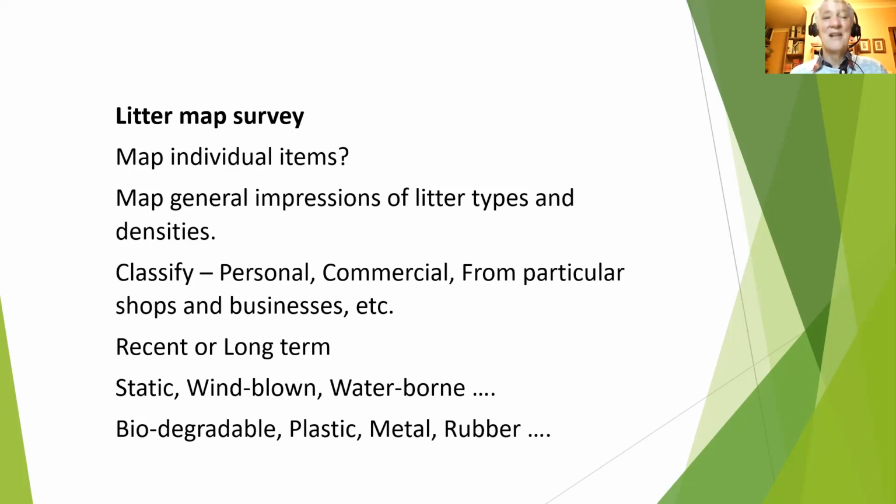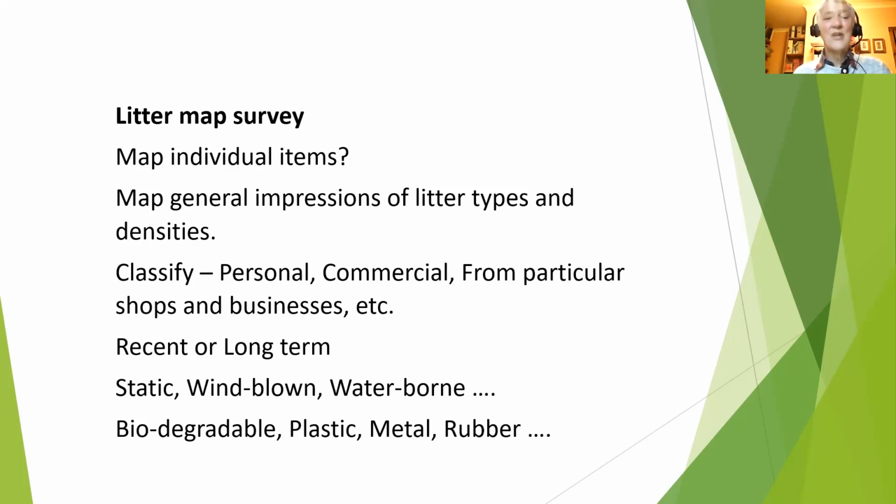Some shops put their name on everything they produce, like McDonald's, like Colonel Sanders. They advertise where the litters come from, and again, you could look at that. How far around a business does its actual litter area spread? Where's the core litter area and the peripheral litter area from the particular shop?